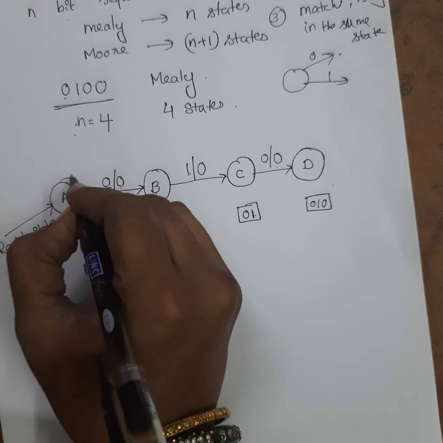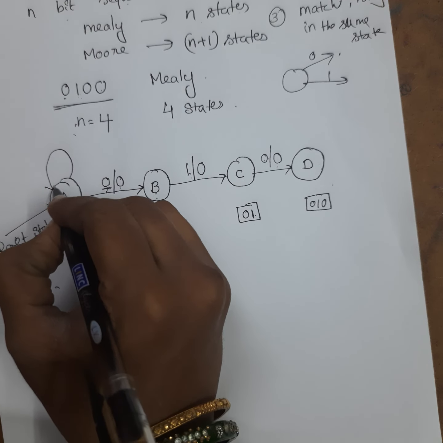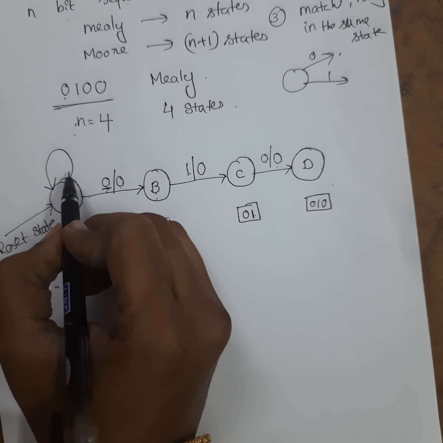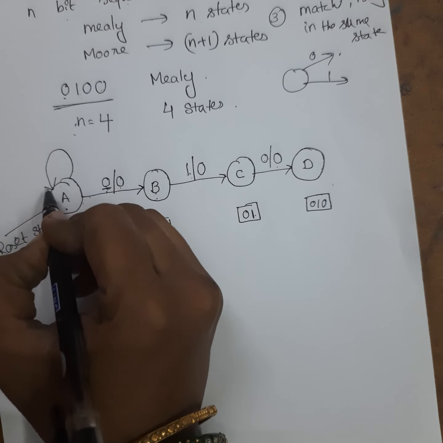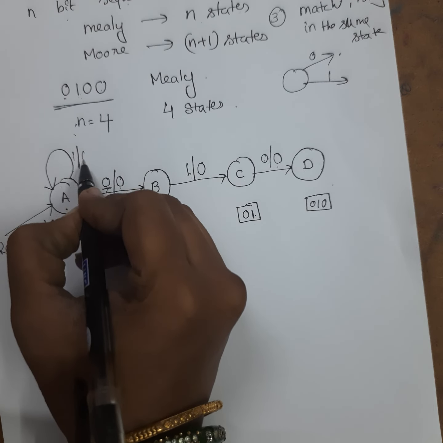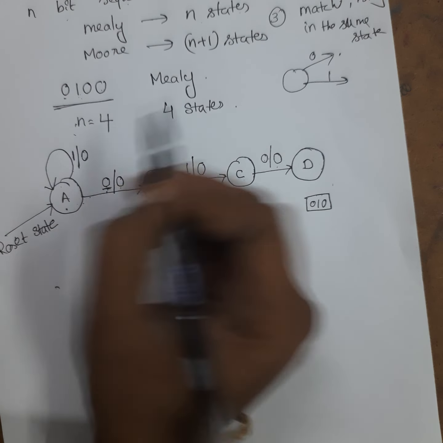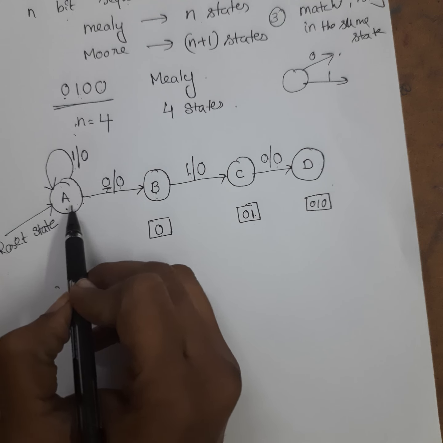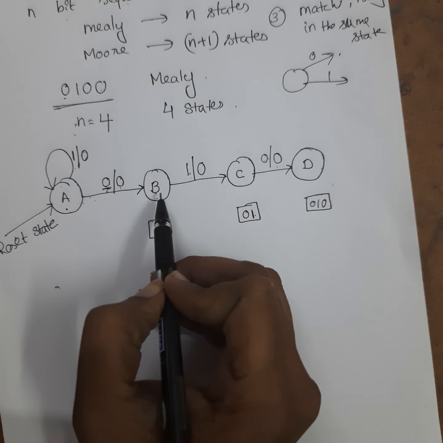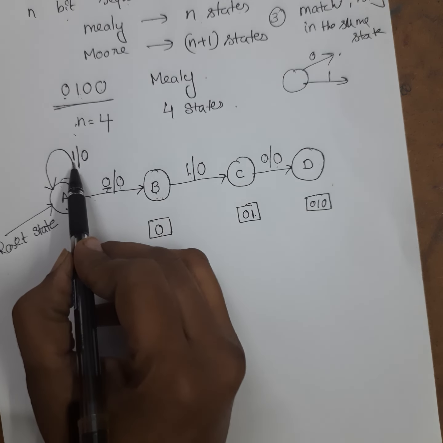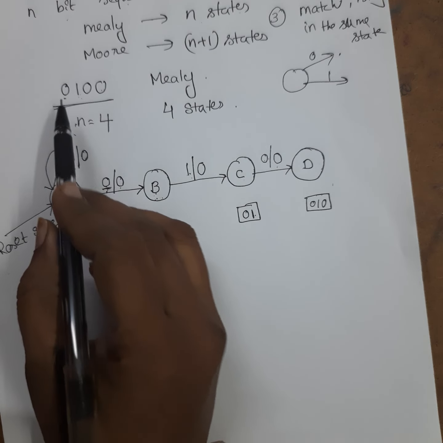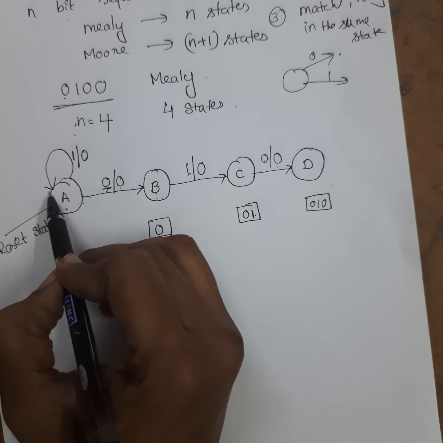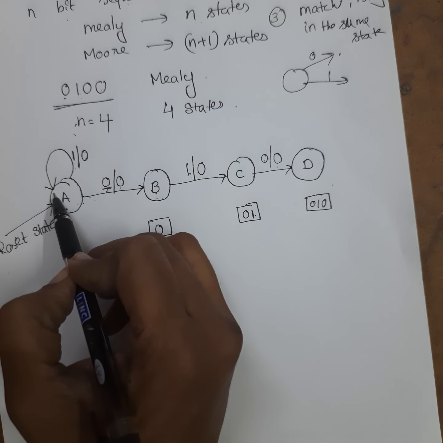For 1, it is not the required sequence, so it stays in the same state, with 1 by 0. So for the first state, whenever 0 comes, it goes to the next state. For 1, it is not the required sequence, so it stays in the same state.